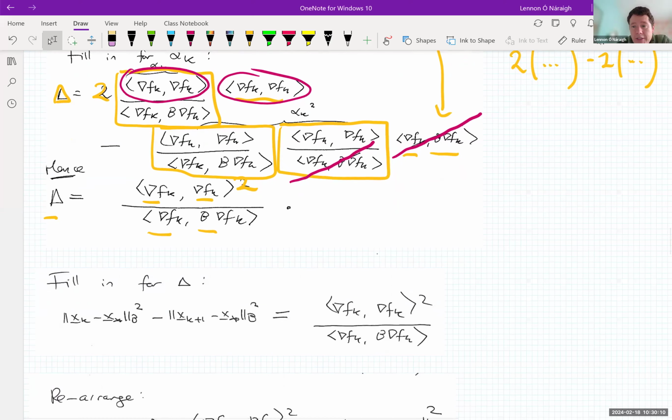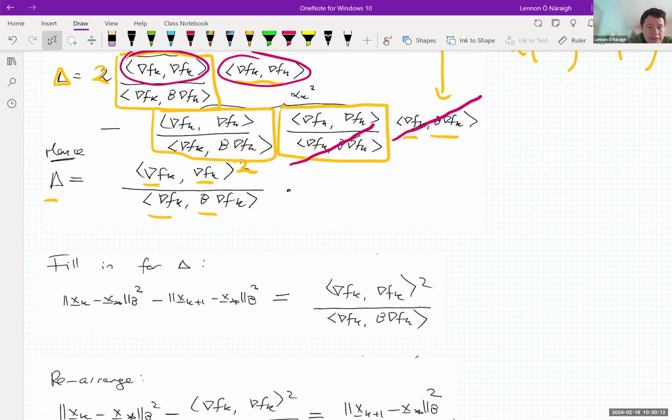And now I remind myself what delta is. It's the B norm of xk minus x star squared minus the norm of xk plus 1 minus x star squared. And this is delta, which is grad f scalar product with grad f squared, divided by grad f scalar product with B grad f.